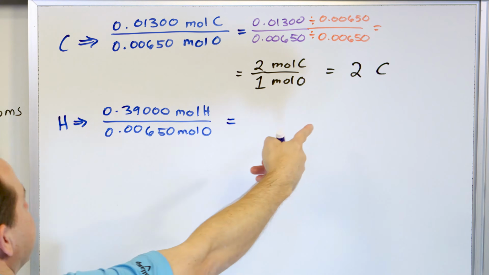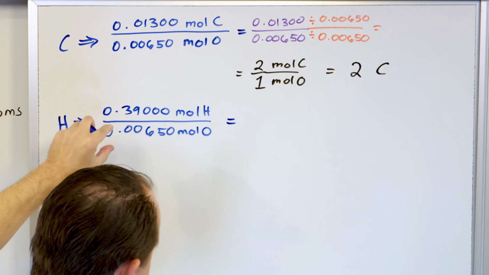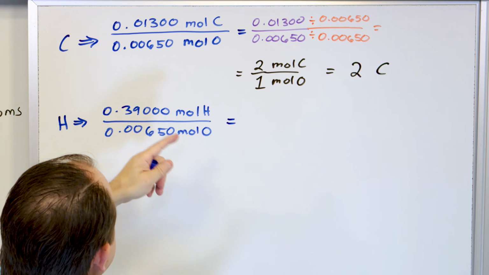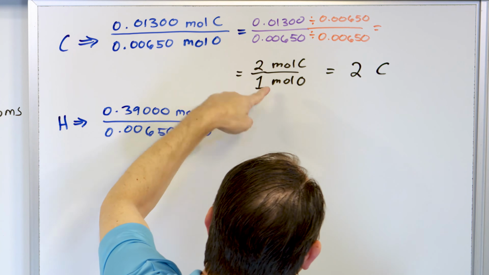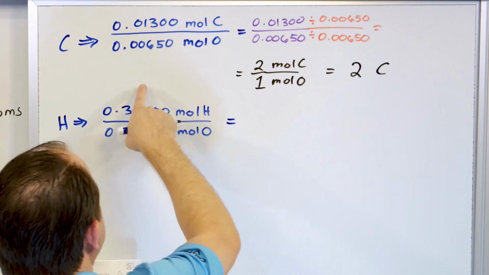Now I could go through the same situation here. I could simplify this fraction by dividing top and bottom by the same thing, and then I would get a whole number ratio and just divide them to get the number. But I'm just going to skip the intermediate step and just divide these numbers.